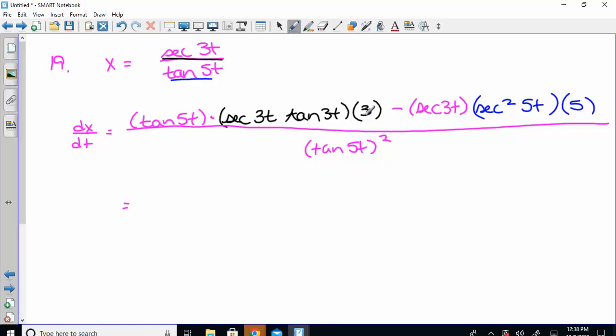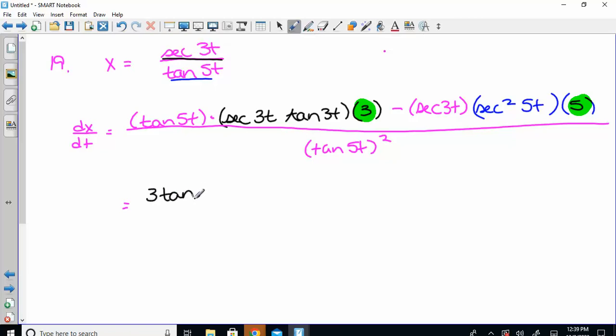As far as simplifying this, there's not a lot we can do. We can't cancel a tangent because this one has tangent 5t, but this term does not. I would like for you to go ahead and just pull your coefficients to the front of those terms.